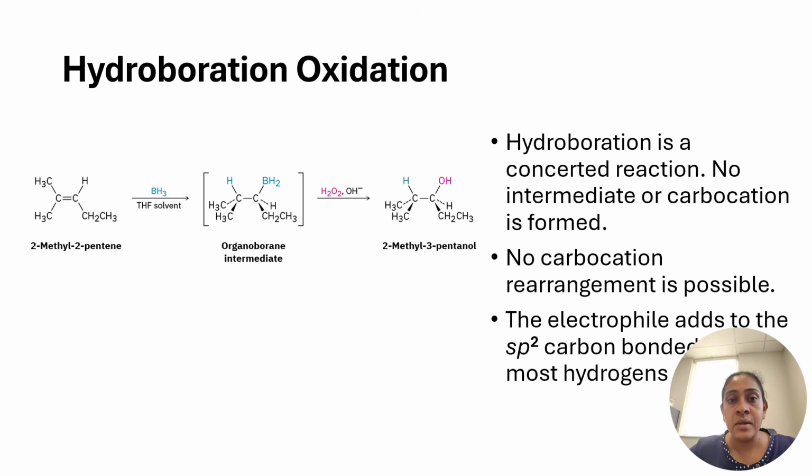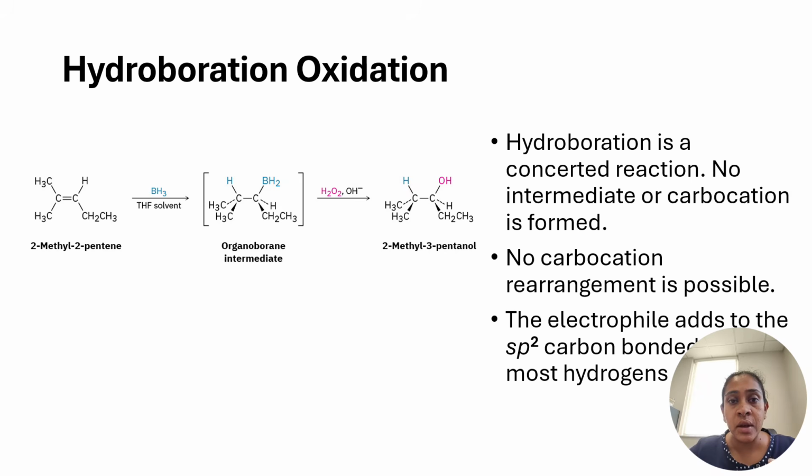A key difference from acid-catalyzed hydration is that hydroboration is concerted. The formation of the bonds to hydrogen and boron occurs in the same overall step, so a free carbocation is never formed. Because there is no carbocation intermediate, there is no opportunity for a hydride shift or alkyl shift.